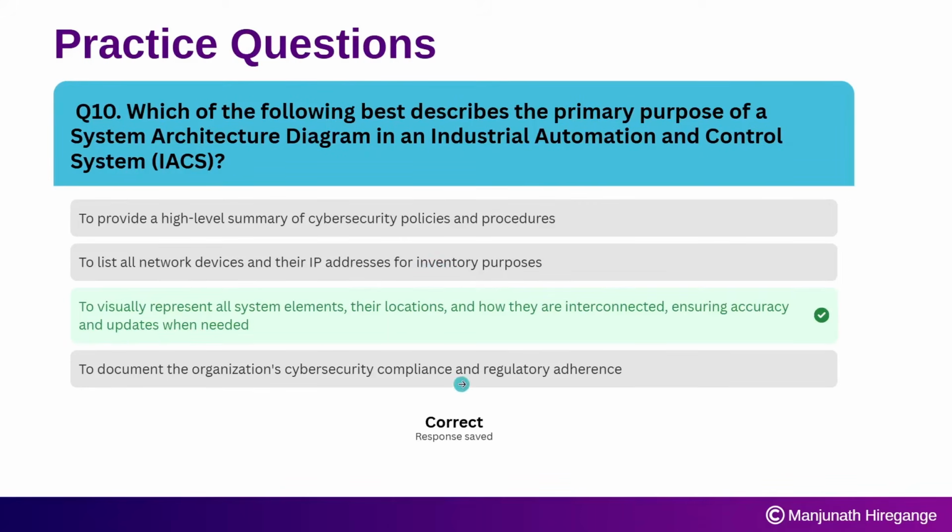And compliance documentation is not a visual representation; the system architecture diagram supports compliance. So the key phrase is how they are connected and the primary purpose of a system architecture diagram. Okay.